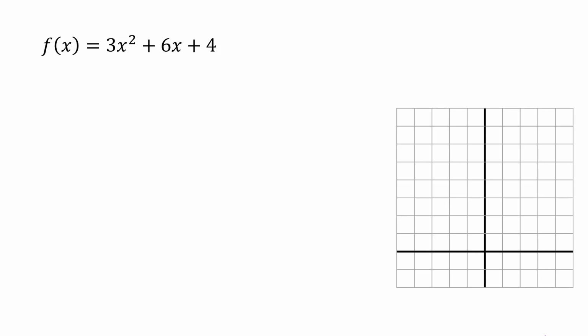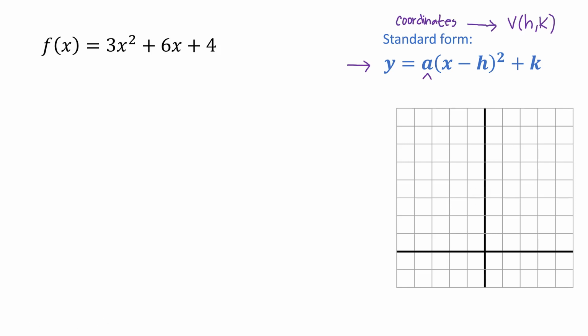We are going to graph the equation 3x squared plus 6x plus 4 by rearranging it so it's written in its standard form. When we write the function in its standard form, it has to look like this. Y equals a times x minus h squared plus k, where h and k represent the coordinates of the vertex, and the sign of a will tell us the orientation of the parabola.